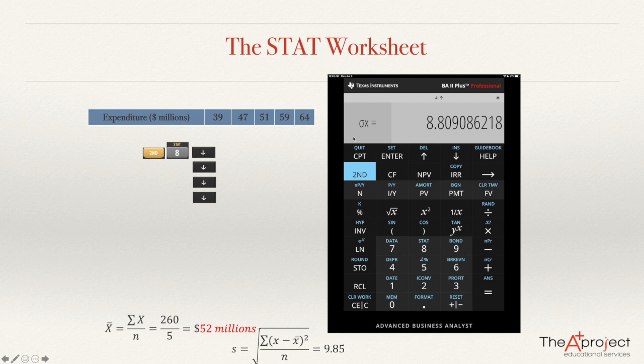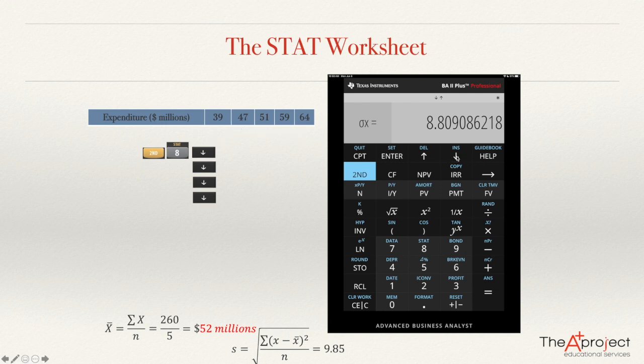If we are working with a sample, we can scroll up and check the standard deviation for a sample. But if this is not a sample, then we scroll down and see the standard deviation for a population.